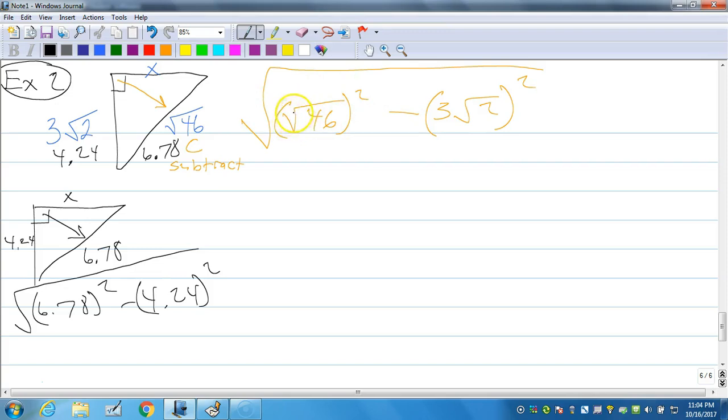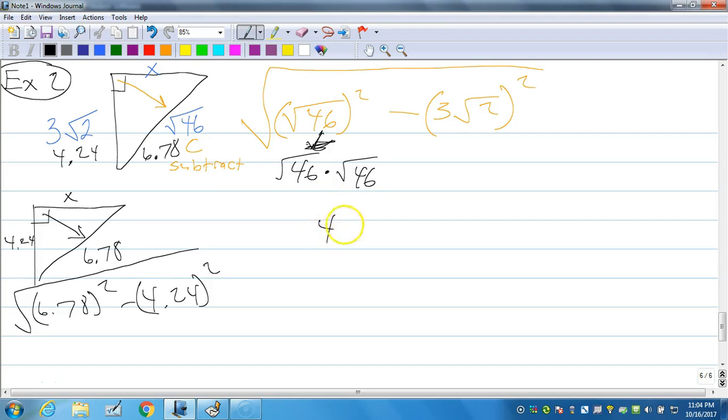Right. For AP, you cannot do decimals. You have to do it like this. If you want to put all this in the calculator and get the answer, you can't, because you have to get the exact answer. So the square root of 46 squared you should know is 46 times 46.